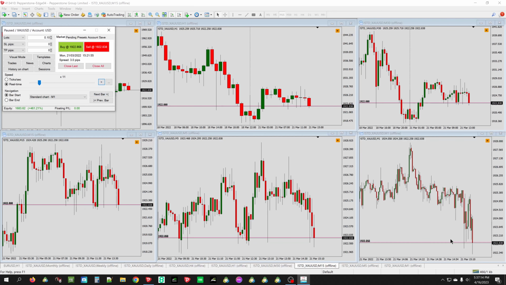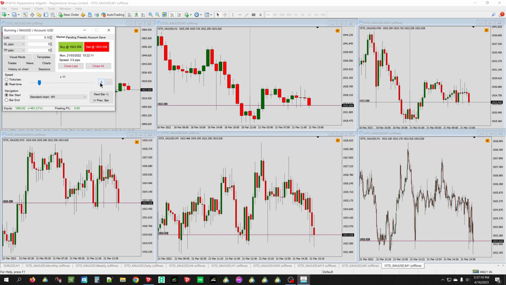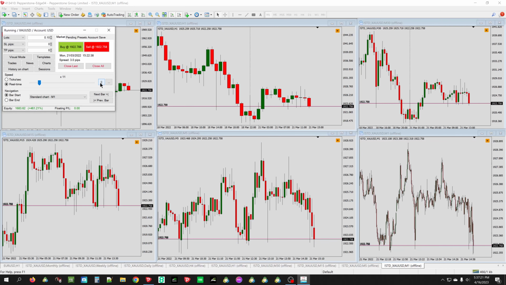Yeah, we have broken below that M1 area. We can continue to push down, but there is still nothing, no position for me.